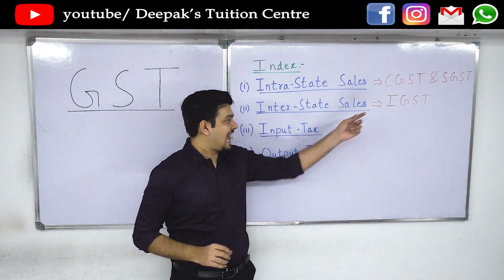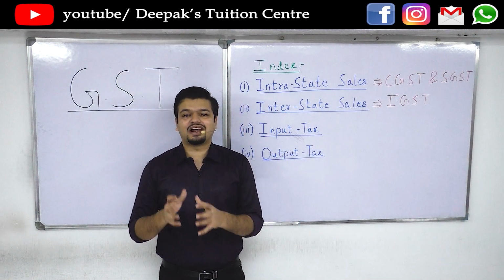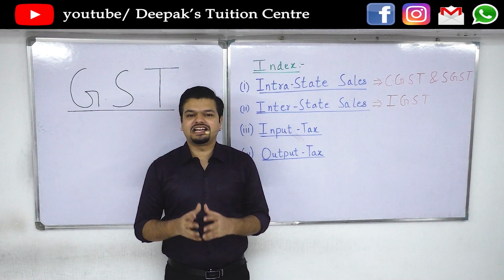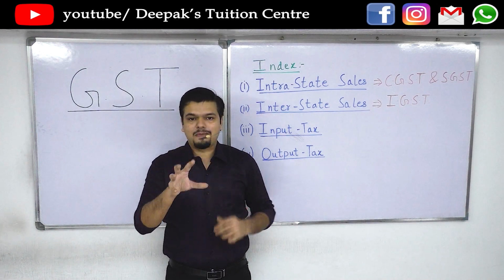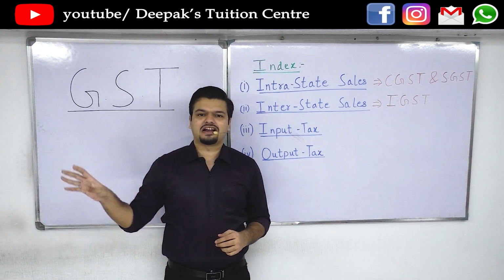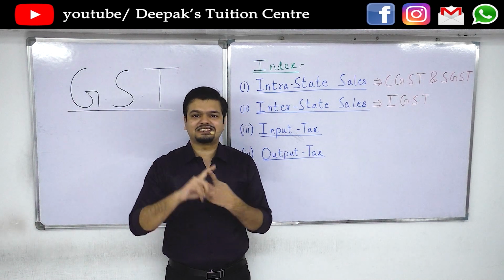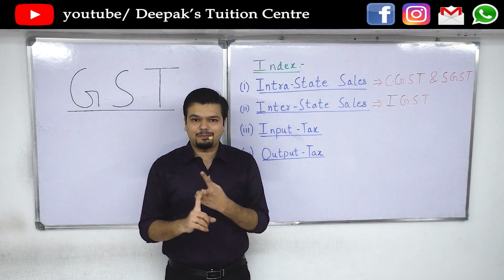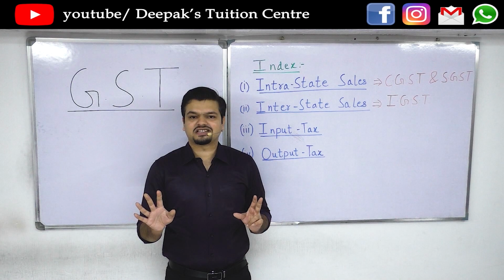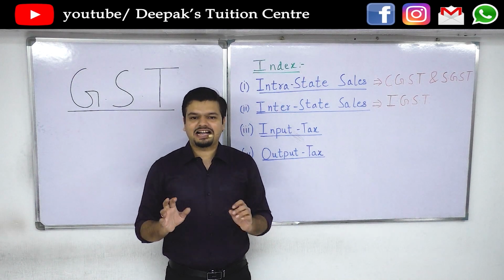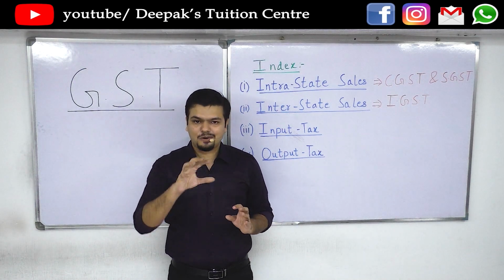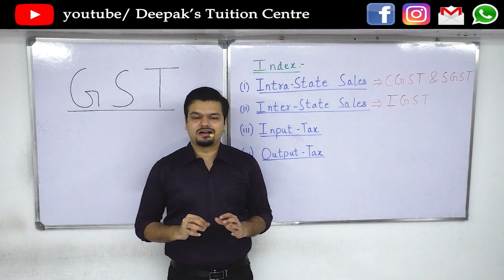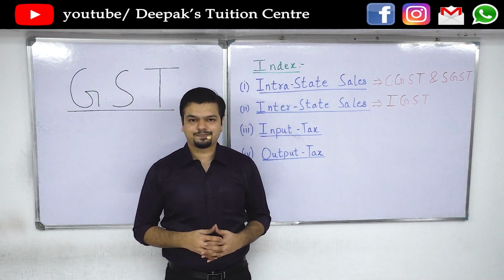That GST is called IGST, which stands for integrated GST. The whole amount of IGST goes to the central government. No state government, that is either the Kerala government or the Punjab government, gets anything from such transactions. The whole tax goes to the central government, that is IGST.